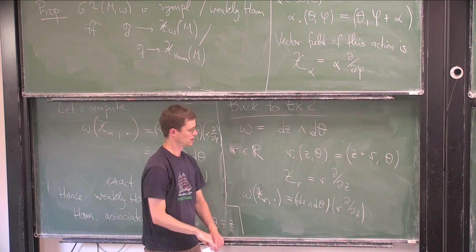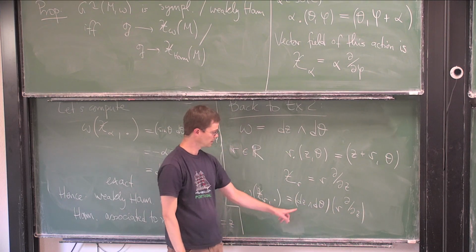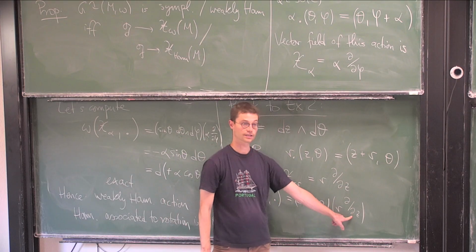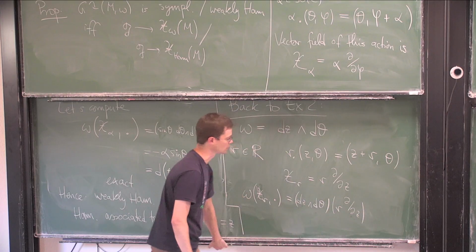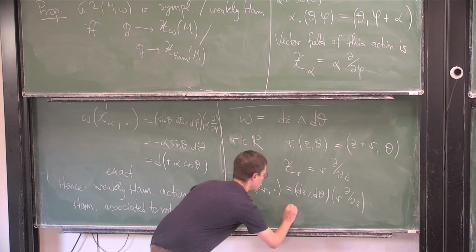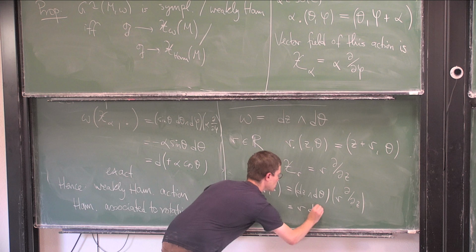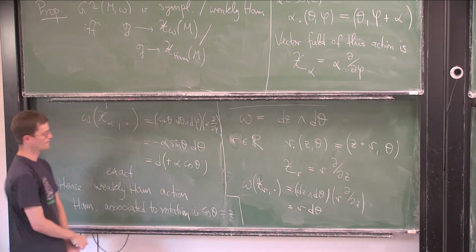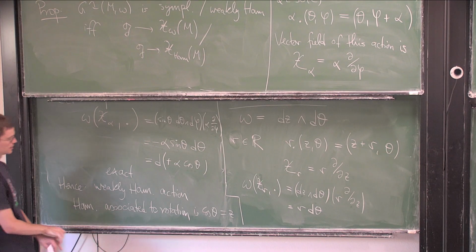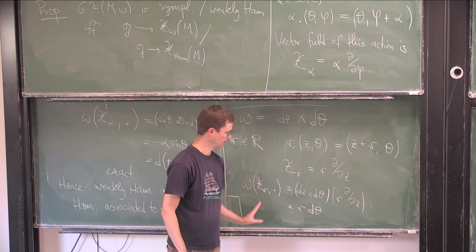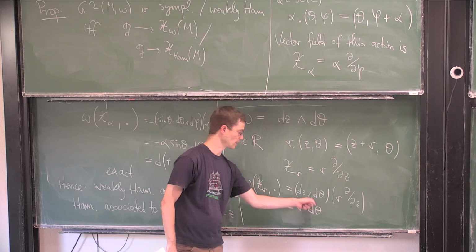R is just a constant, you can put it out. So dz acting on this vector field gives 1, and d theta acting on this gives 0. So you just get r d theta. So this is of course closed, because d squared is 0.